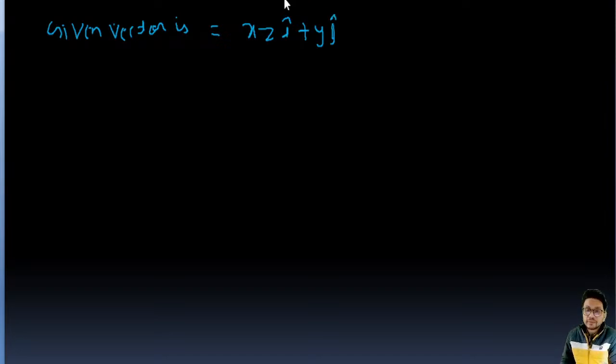So I'm going to solve it now. The given vector is x z i cap plus y j cap.